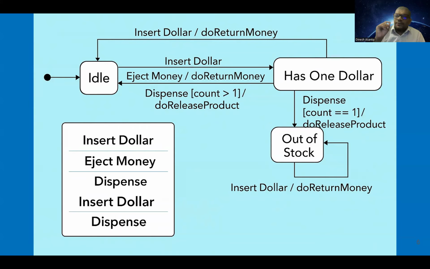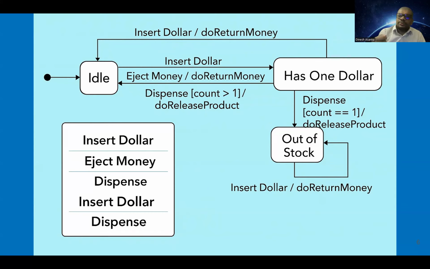If your vending machine has one item, quantity is 1, it will dispense this item to you, and then the vending machine becomes out of stock. From the out of stock state, it can go back to idle when you fill the vending machine.